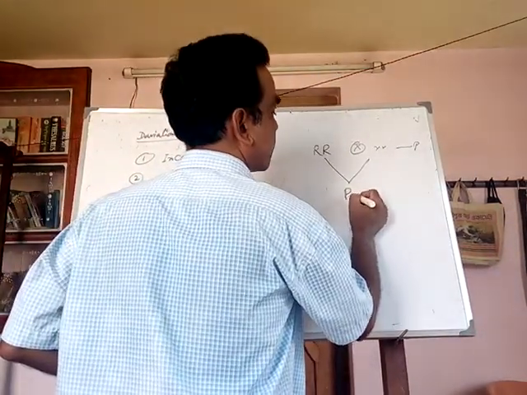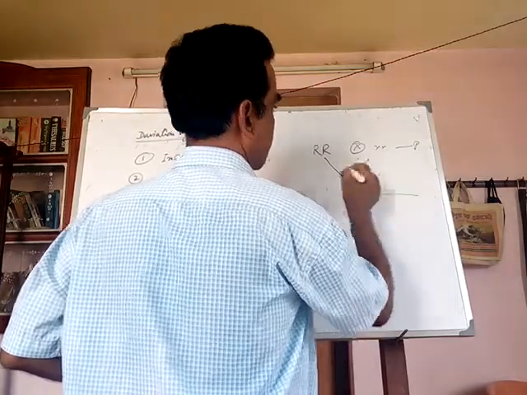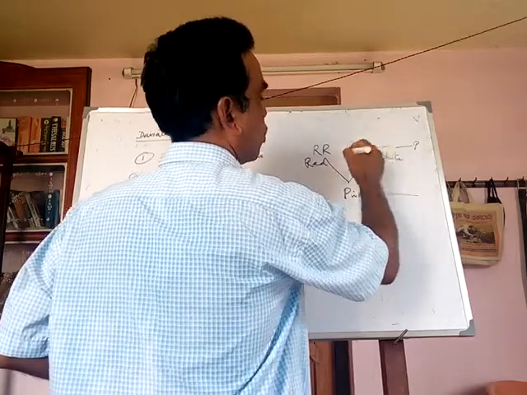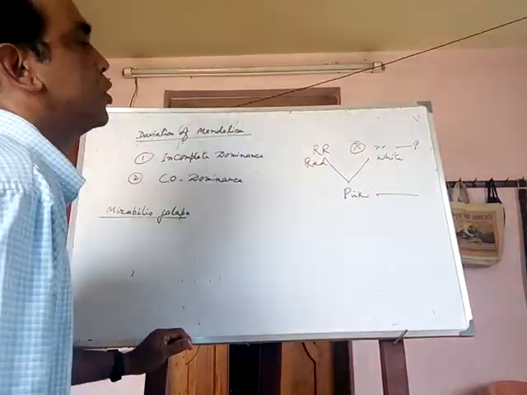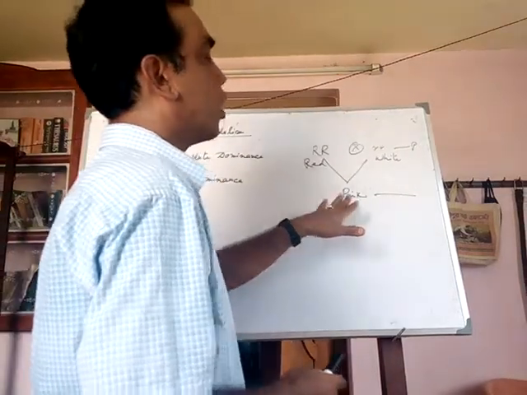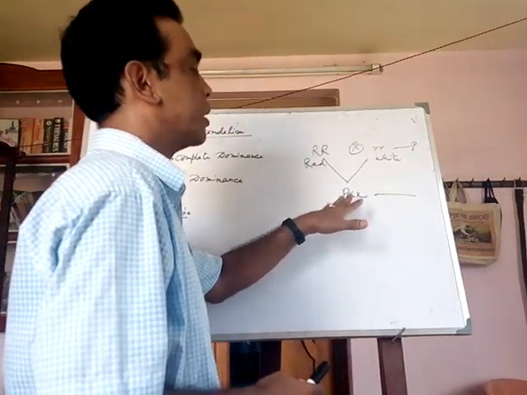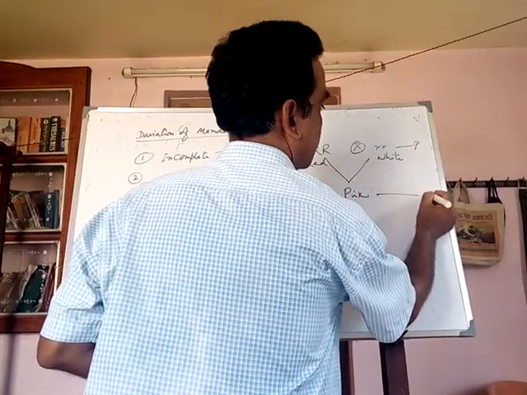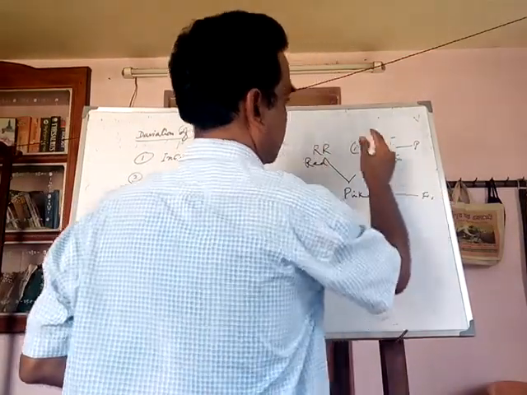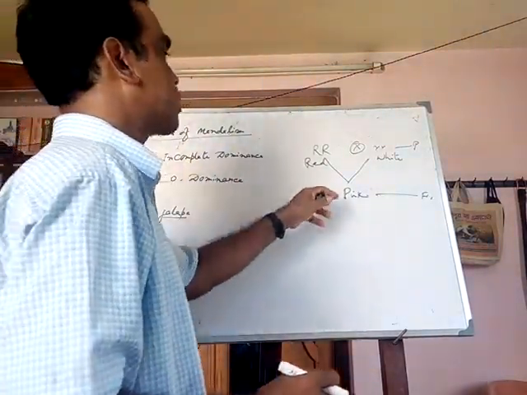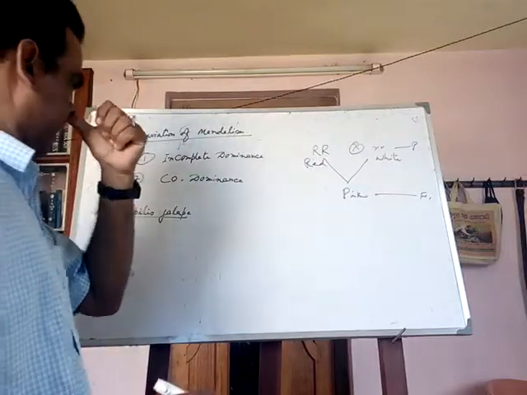That is pink, red, white. Those types of features cannot be expressed in the first filial generation. Features other than the parental features are expressed here. It is called incomplete dominance.